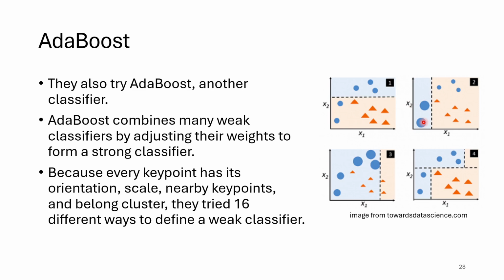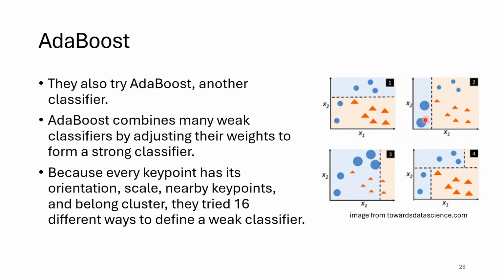And they find the second weak classifier. In this case, they try to use x1. If the x1 value of a point is greater than the threshold, it will think it is the triangle class. Otherwise, it is the circle class.